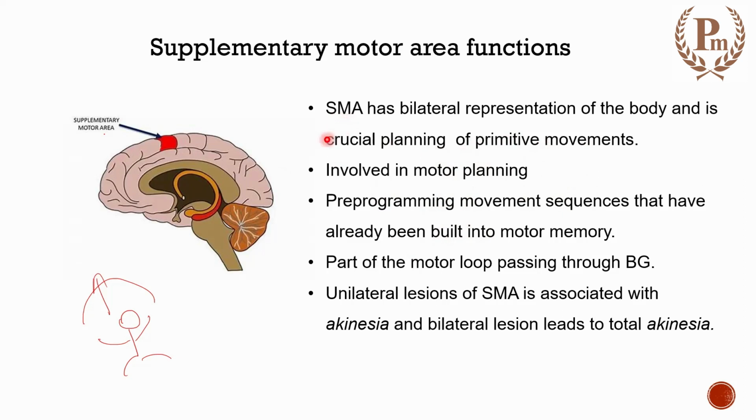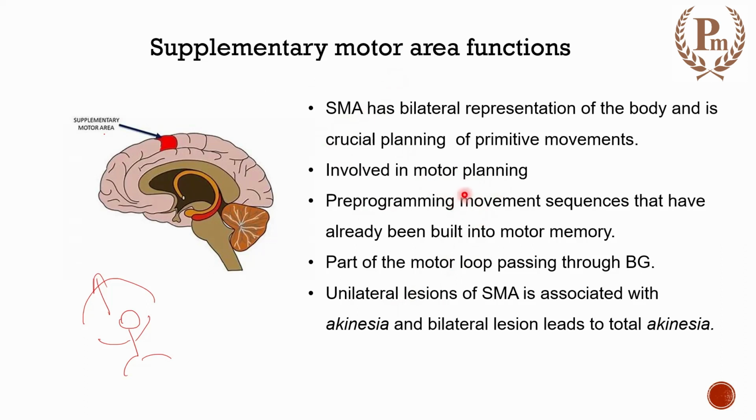Now the question arises, what is it involved in? It is involved in planning. Again, it is planning. So along with the premotor areas, your supplementary motor areas are also involved in motor planning. But for them, you don't need the cues, the external cues, as we have seen in the premotor areas.